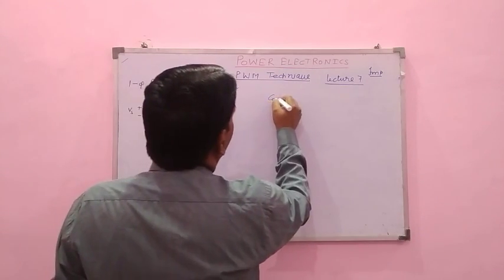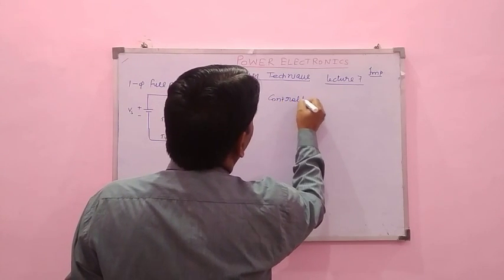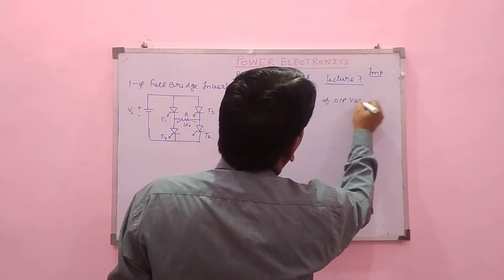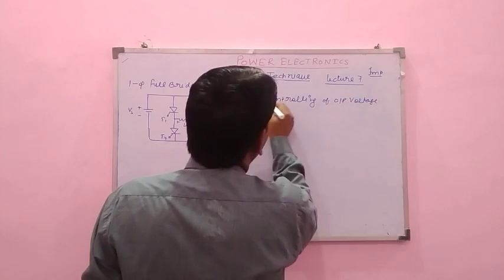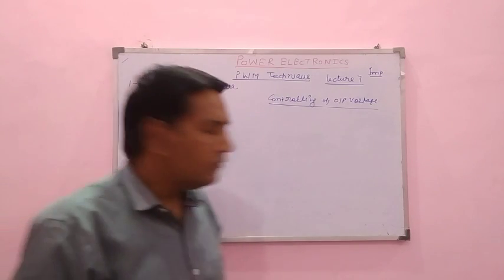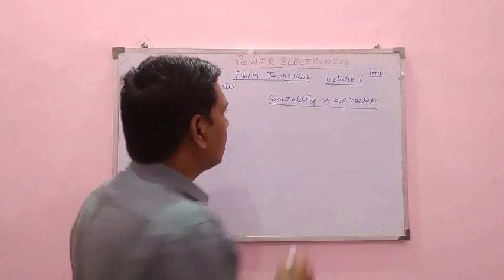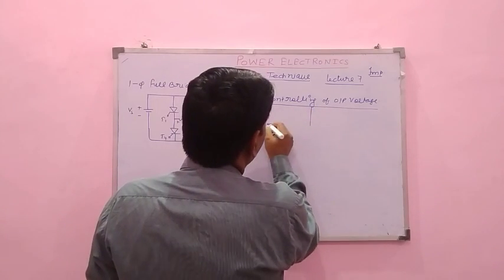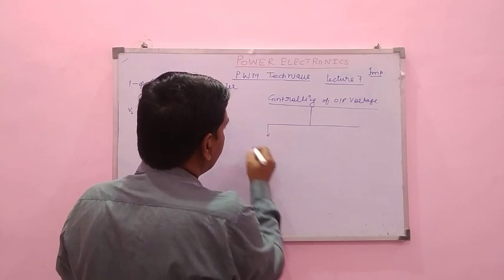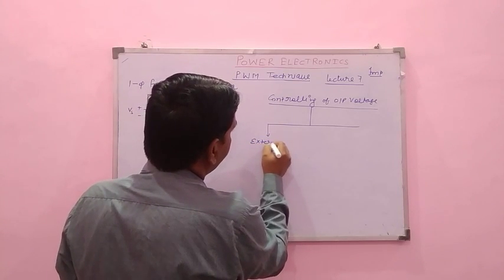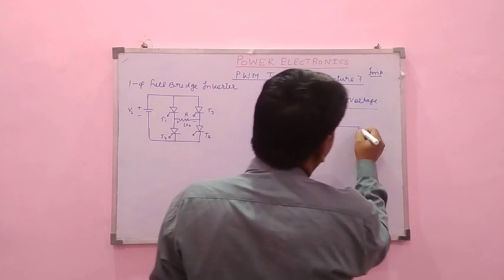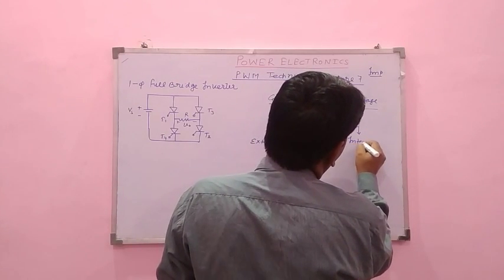Now we will discuss the controlling methods of output voltage. In the very first lecture, in the introduction of inverter, we discussed that output voltage can be controlled by two methods: external control and internal control.